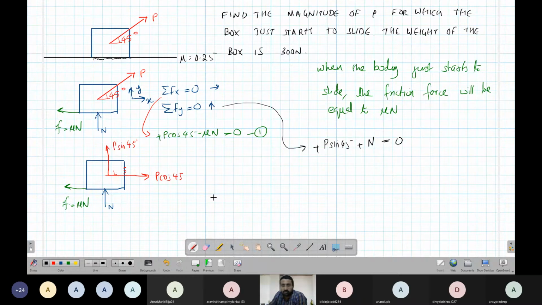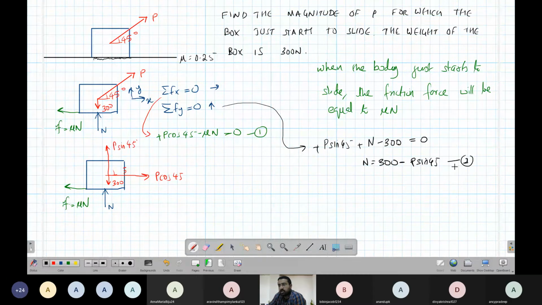Okay, so I think we missed one force: the weight, which is 300. So we have P sin 45 upward, normal force upward, and minus 300 for weight, equal to 0. From this we can write N equals 300 minus P sin 45.